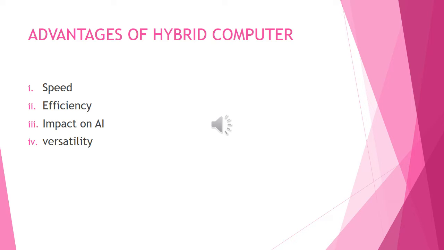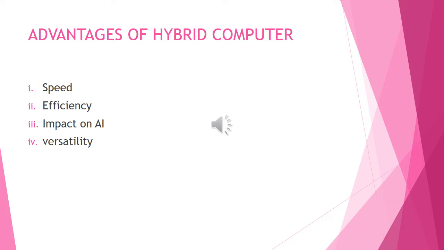Let's look at speed. The advantage of the hybrid computer is that it is very fast, because it won't be slow like digital devices. When you want to send an email to a friend or a company, once you click on it, it will go directly without booting.